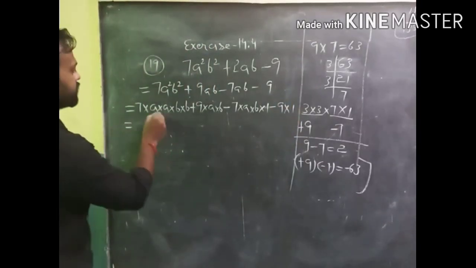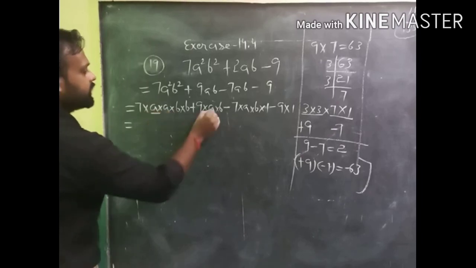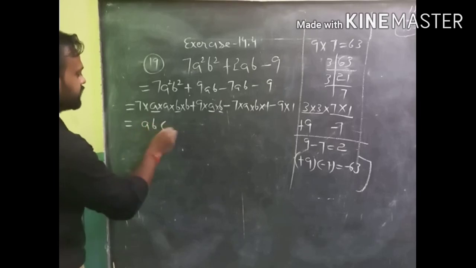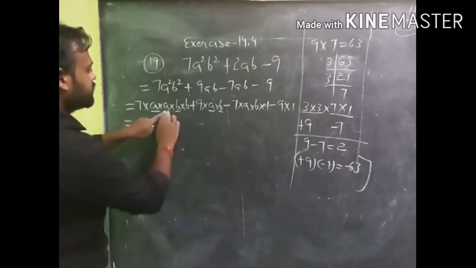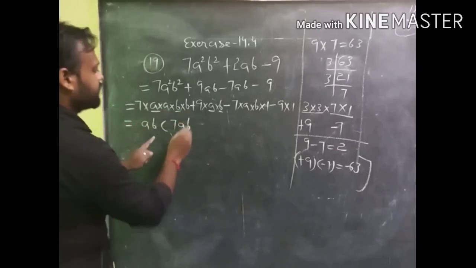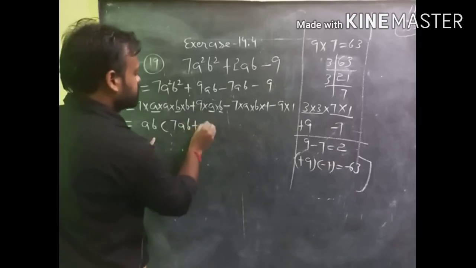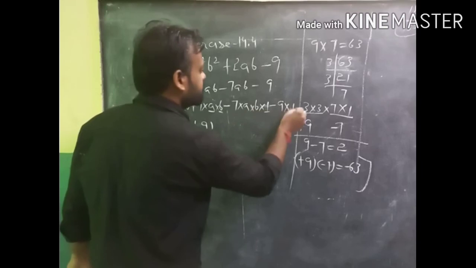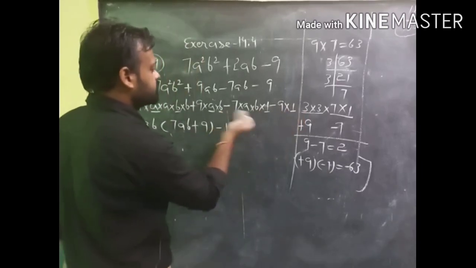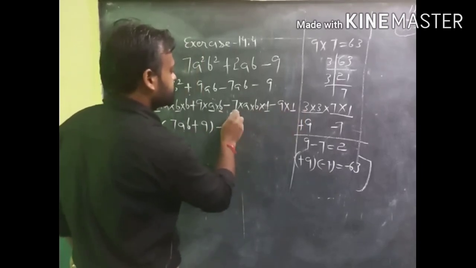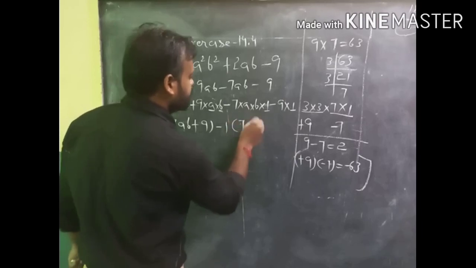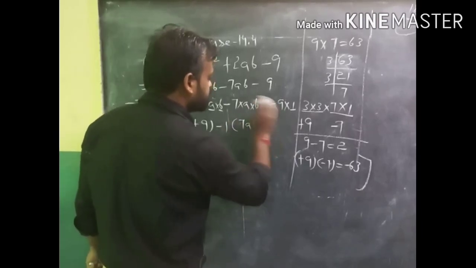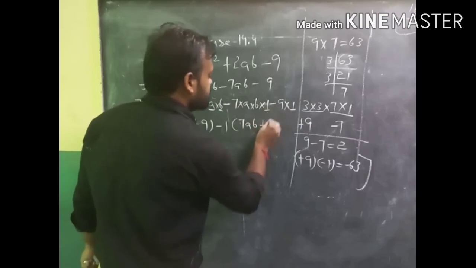Okay, now mark the common terms. This a and this b both are common, so take this ab common, and now you can see this 7ab is inside the bracket, of course plus sign is here, so here is 9, and then take this 1 common here, and of course the minus sign also, minus 1, and now you can see inside the bracket this is 7ab, minus sign we had already taken common, so here will become plus, we have to change the sign, and now you can see 9 is here.